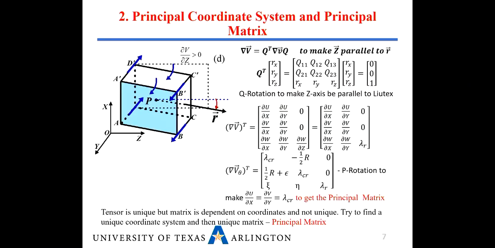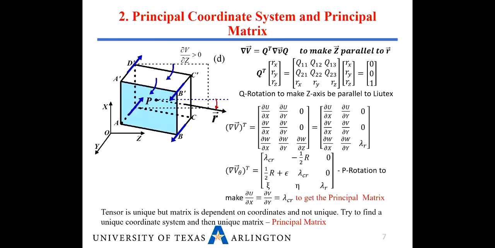Okay? Also, this we call a P rotation. But that's not good enough. We need a second rotation. When we get this, we need a second rotation to make the diagonal elements equal to each other. This we call the Q rotation.